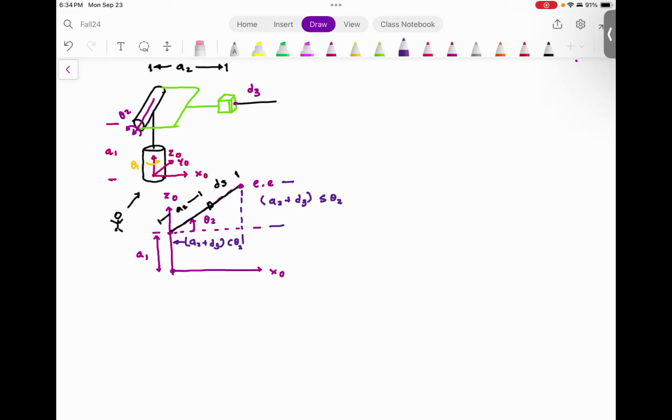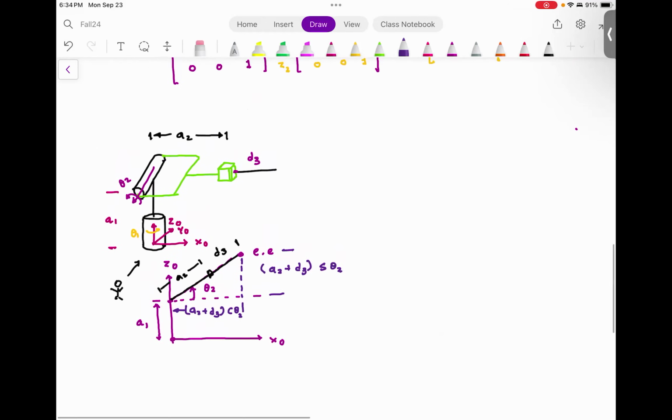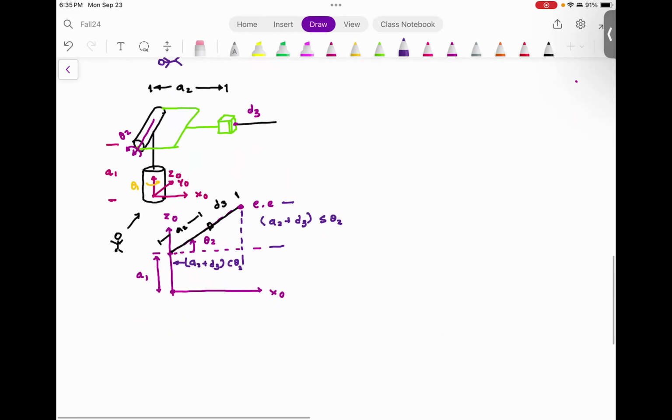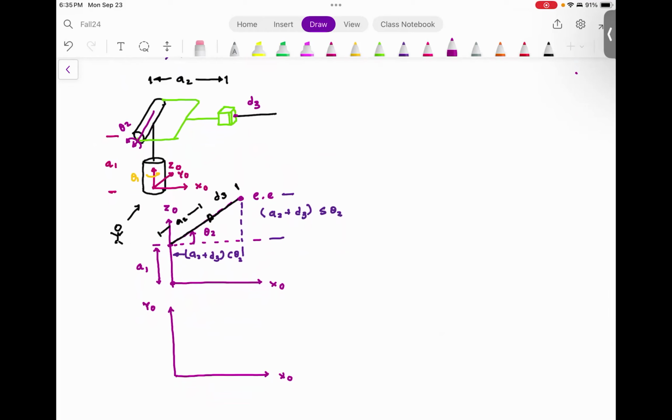Now understand the second case: look from top. When you look from top, you would notice that you have Y0 visible and X0 visible. Whatever you do, the lever arm that you are going to see is nothing but A2 plus D3 cosine theta 2.